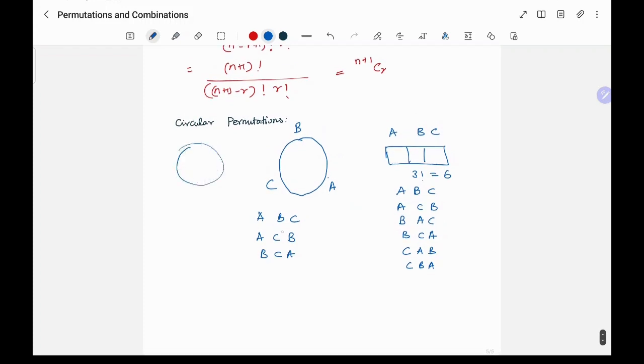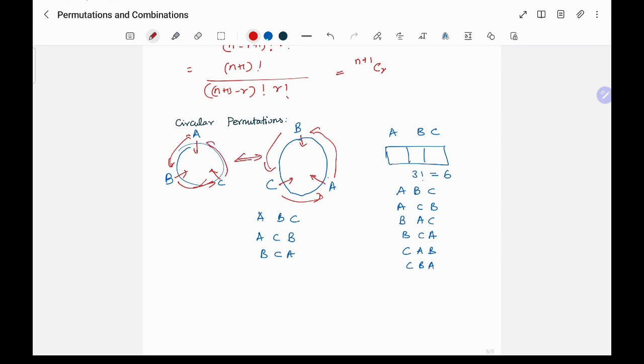I'll again write out A, B, C. If you see here also it is A, B, C, right? Let's say all are facing inward: to the right of A I have B, to the right of B I have C, and to the right of C I have A. Here also, to the right of A I have B, to the right of B I have C, and to the right of C I have A. So these both are the same, correct?